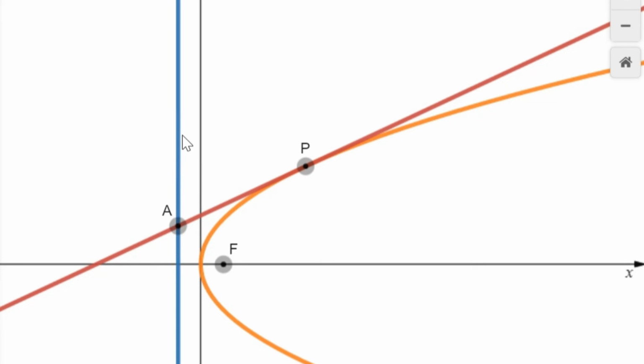We know that the point B lies on the directrix and BP is parallel to the x-axis, which means B has the same y-coordinate as P. And what we've got is this quadrilateral AFPB.